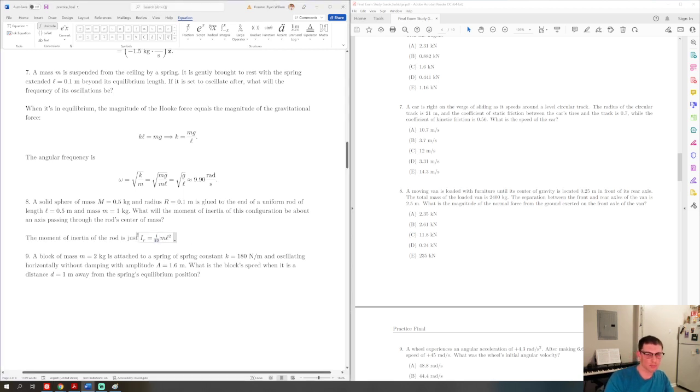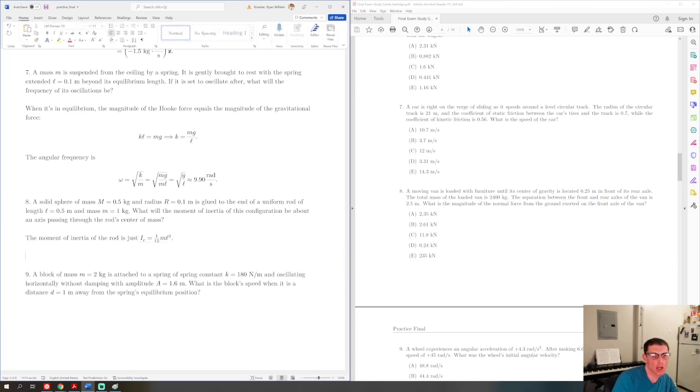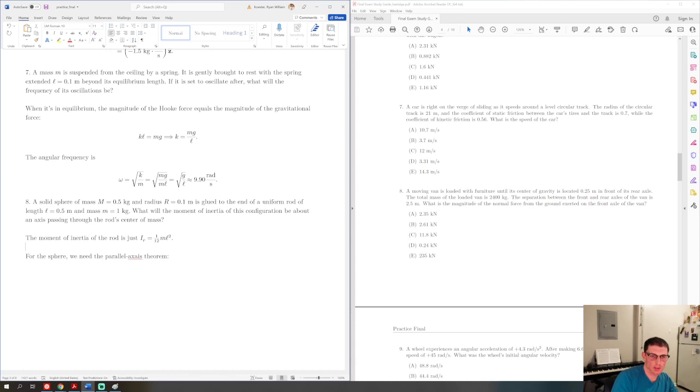Okay, and then we have to do the parallel axis theorem for the sphere, right? Would they have to tell you if the axis was parallel or perpendicular? Well, because of the symmetry, it actually doesn't matter, right? No matter how you rotate a stick that has a ball at the end, it's going to look similar.